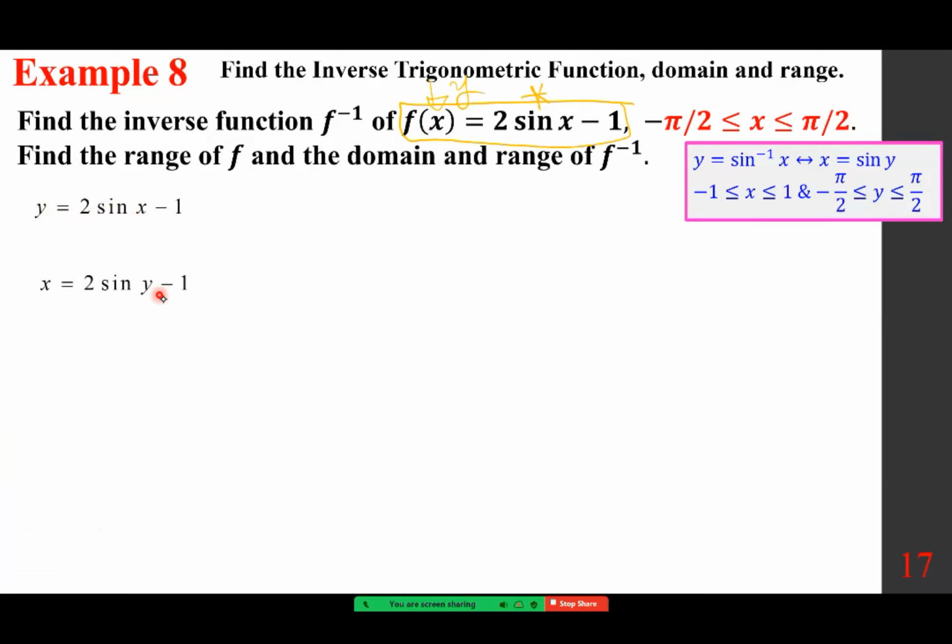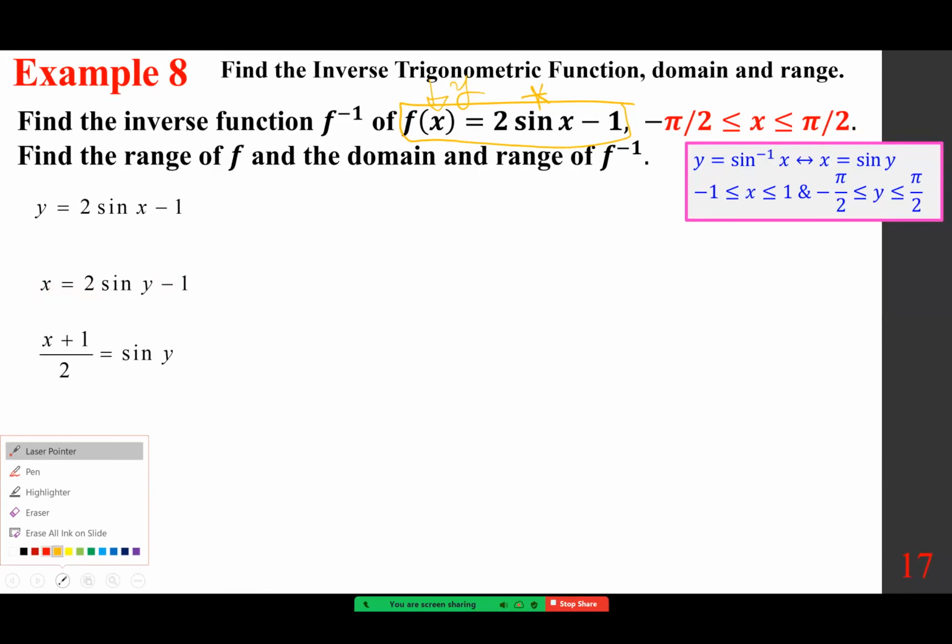However, we always solve for y. To solve for y, I'm going to move the negative 1 to the other side. It becomes x plus 1, and I'm going to divide by 2. I'm going to assume everybody's okay with that. So move the negative 1, makes it x plus 1, and then divide by 2.